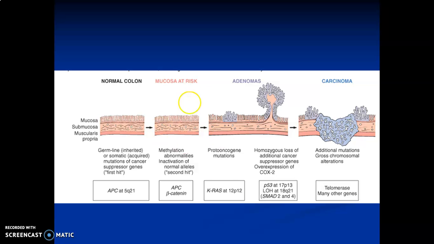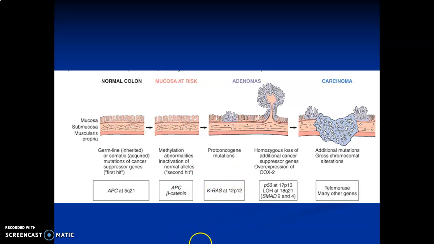So, mutation in the APC gene will lead to translocation of beta catenin, which will activate transcription of genes like MYC and cyclin D1 and will lead to cell proliferation.